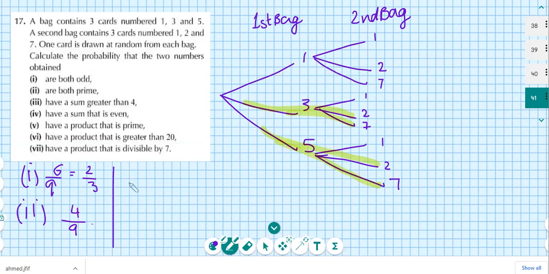All right, third part, have a sum greater than 4. First, remove the previous shading. So I'm making a sum column here.